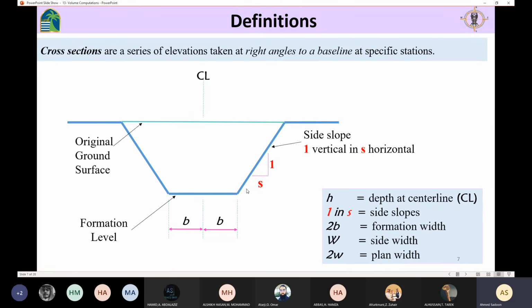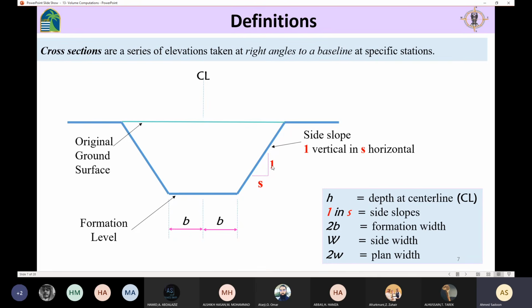And like I said, we usually make a slope like that, and the slope is going to be defined as the vertical unit over the horizontal unit. So here, one represents one unit in the vertical direction, and this one represents the length in the horizontal direction. The slope side is always defined like that. This one could be 1 to 2, 1 to 3, 1 to 5, and so on.